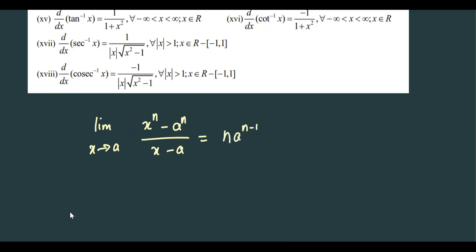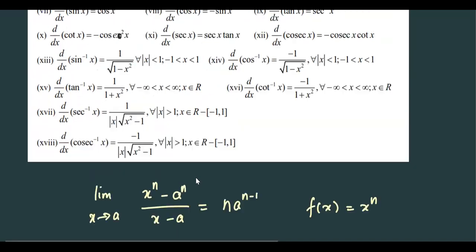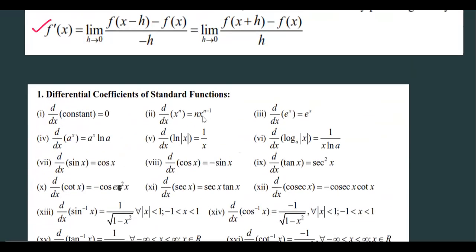This is a derivative of which function? f of x is equal to x power n, at x equal to a, as x tends to a. Okay, so that's the derivative of this function. So that's why derivative of x power n is n into x power n minus 1.